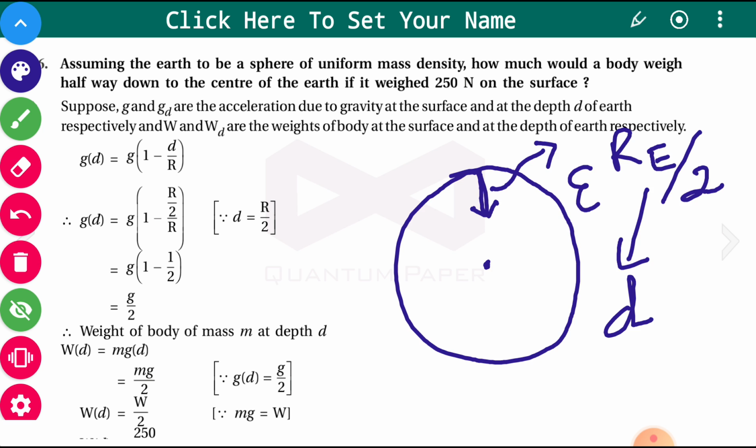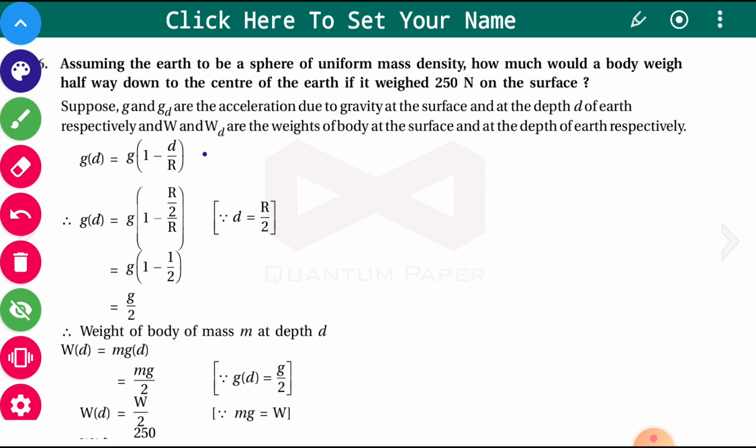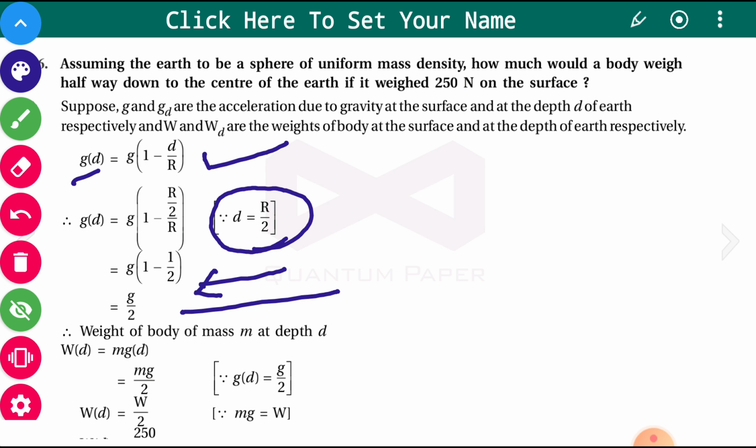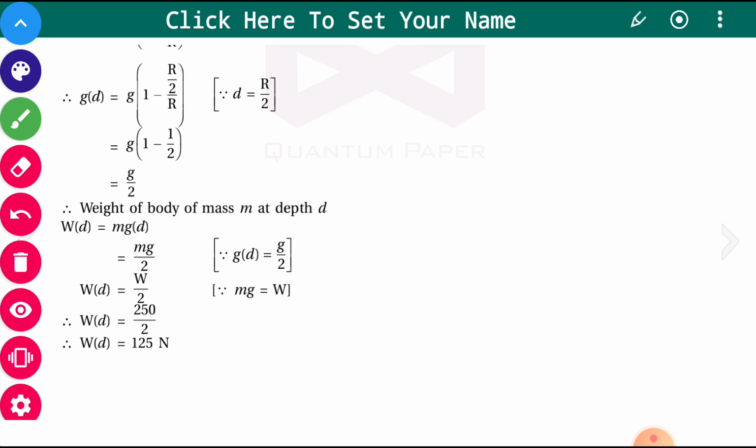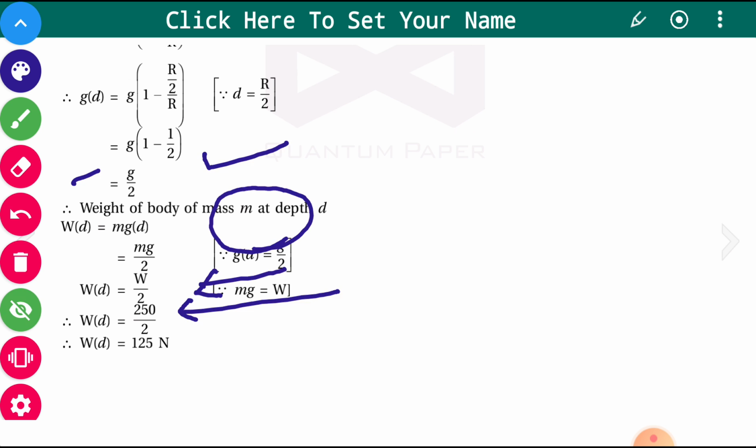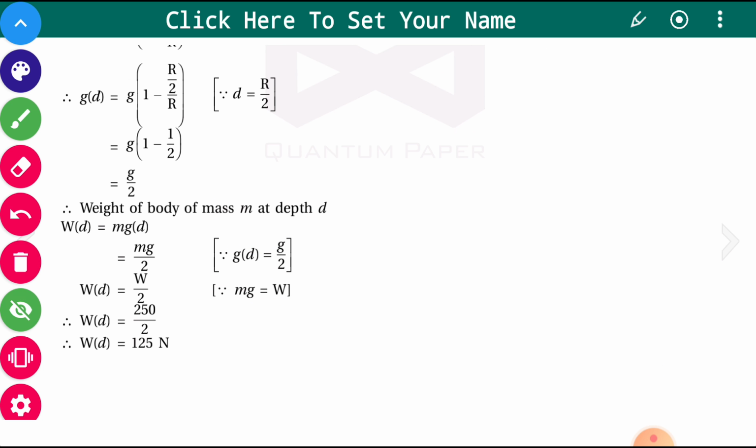And gravitational acceleration at any depth is given by this equation. Okay, g at any depth is equal to g1 minus d upon Re. Instead of d you write R by 2, or Re by 2. So you will get the value of gravitational acceleration at the depth to be g upon 2. So new weight will be mg upon 2, because we have to consider the gravitational acceleration at the depth.